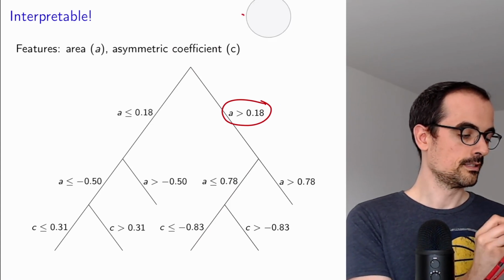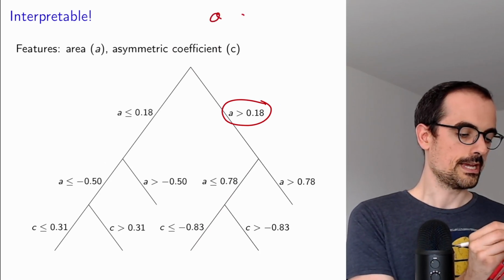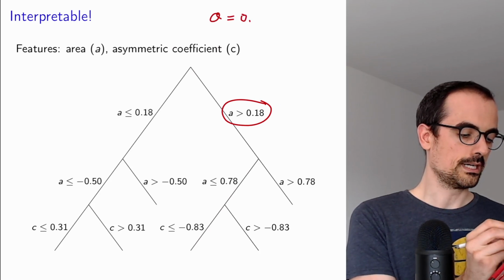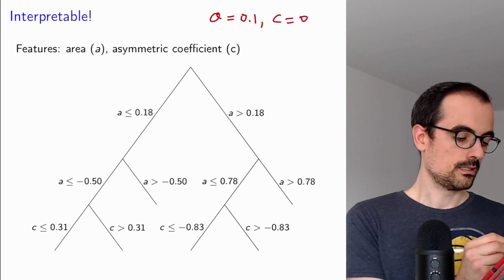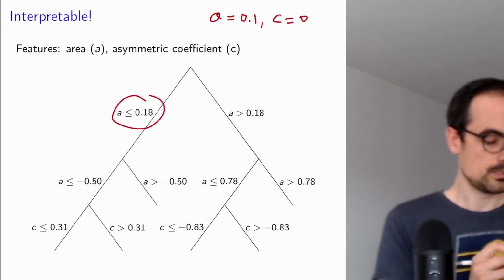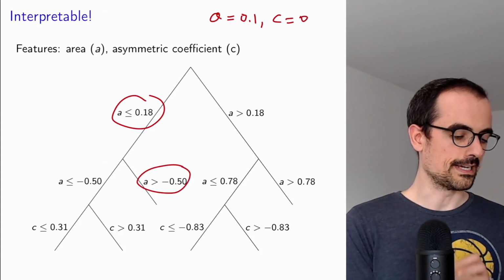Let me erase that. So A is equal to 0.1 and C is equal to 0. So now this is not true anymore. We're here, right? Because it's smaller than 0.18 and it's greater than minus 0.5, and again we don't use C.